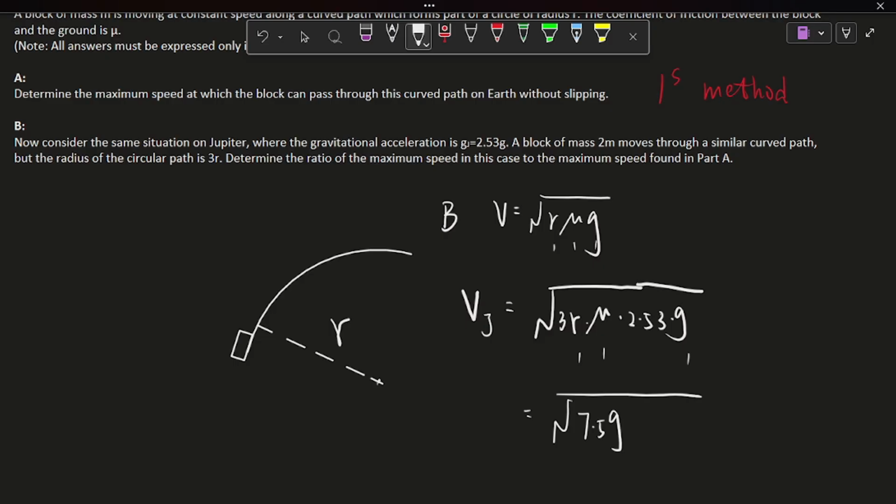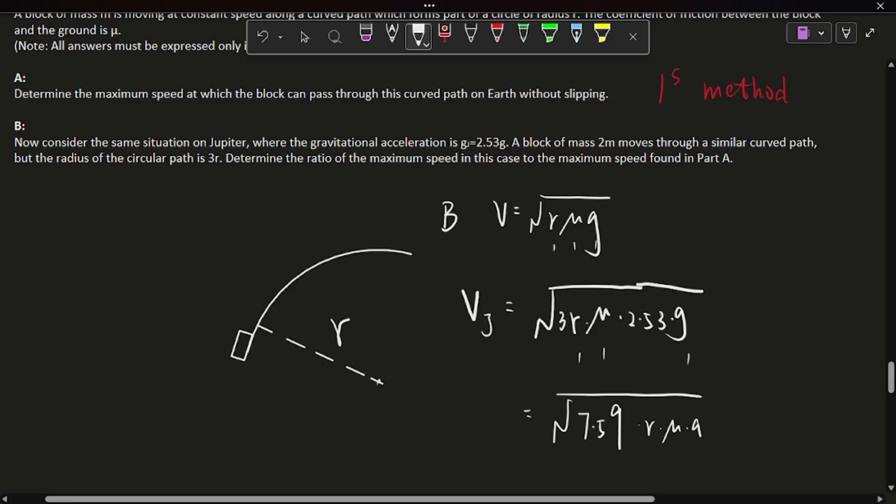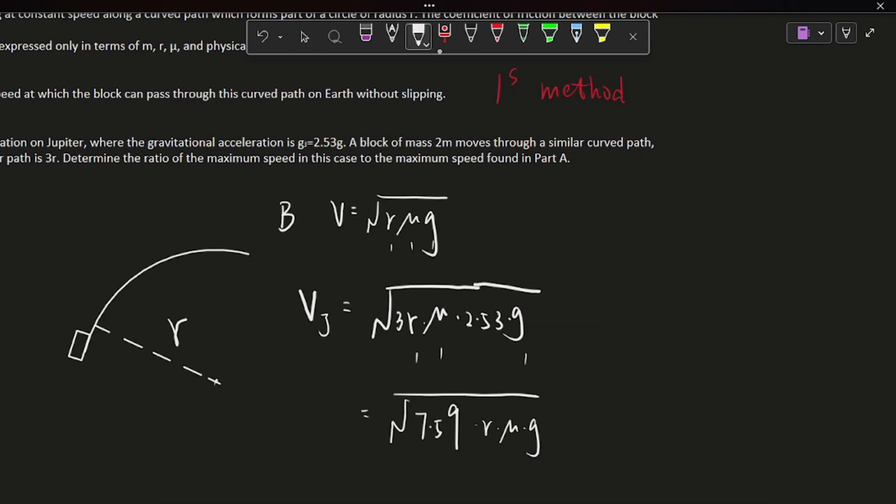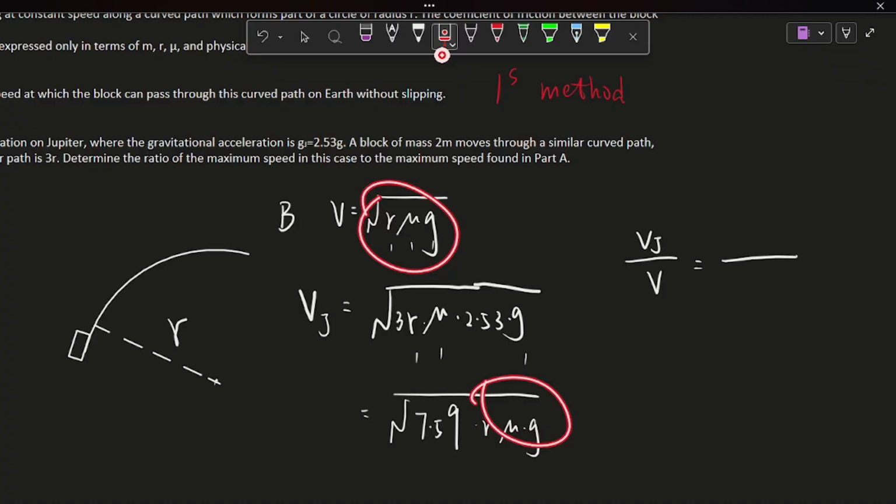So it is equal to the square root of 7.59 times r times mu times g. So it's basically 7.59 times 1, 1, 1. This is 1, 1, 1. So the ratio Vj over V: these are 1 times 1 times 1, and these are also 1 times 1 times 1, so the 1 times 1 times 1 can be canceled out.